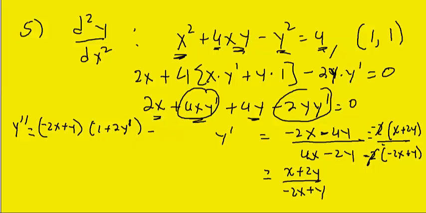Okay, minus the numerator, which is x plus 2y, times the derivative of the denominator. So I have to separate that out. Times the derivative of the denominator, which is going to give me negative 2 plus y prime.